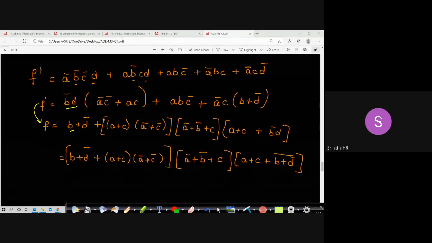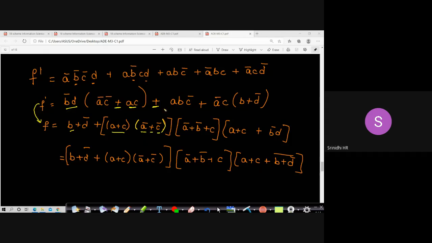This product term will become sum, that is plus. A bar c bar is a plus c. Next there is a sum here, it will be converted into product. What is ac? It will become a bar, there is product, I'll convert it to sum, this will become c bar. So there is a sum here again. So this term is done.